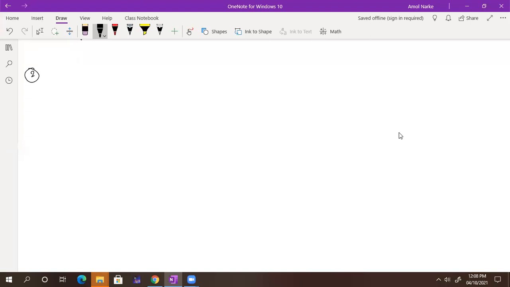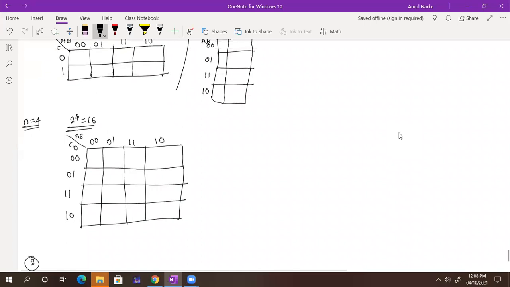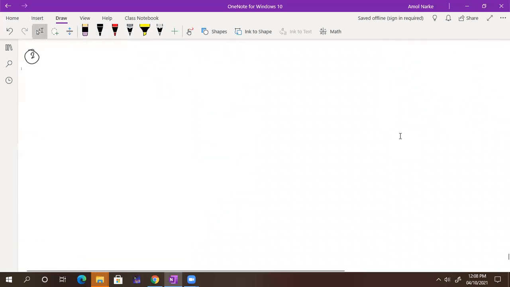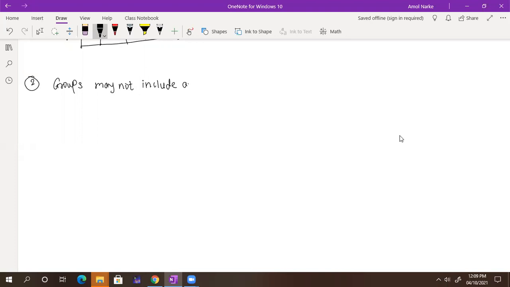Groups may not include any cell containing a 0. You need to form some groups.